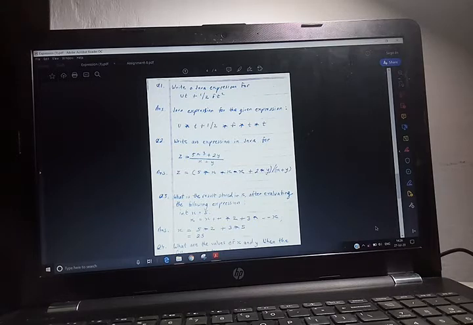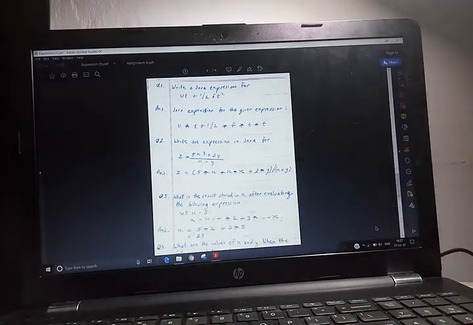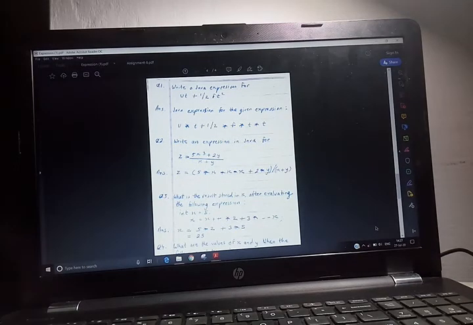Then write the result stored in x. Here x equals 5. Then x plus, so x is 5, multiplied by 2 plus 3 multiplied by minus x.